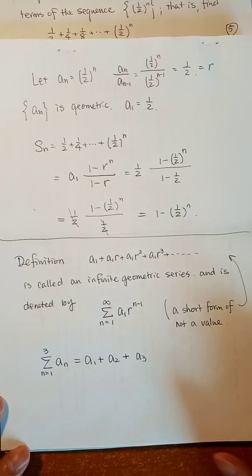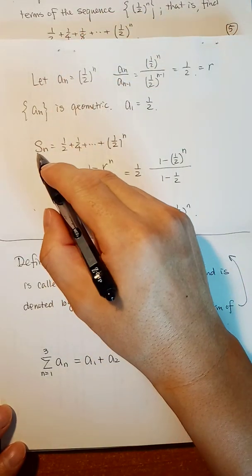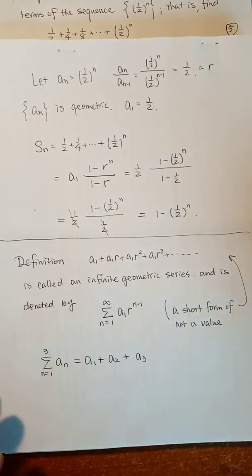Okay? So when you have this infinite sum, for example, this part, you have Sn. You add the first n terms, add the first 100 terms, add the first million terms, add the first billion terms. You will add more and more terms.